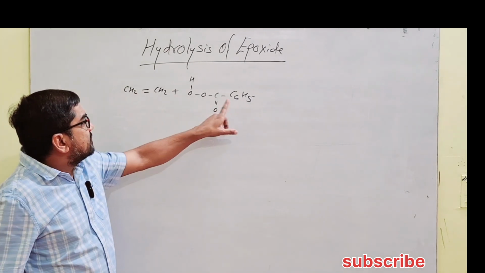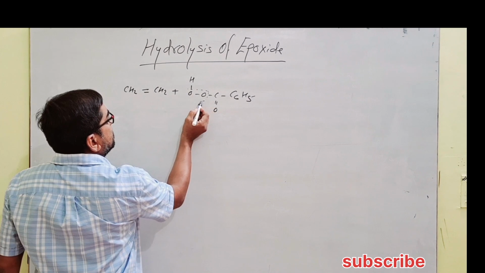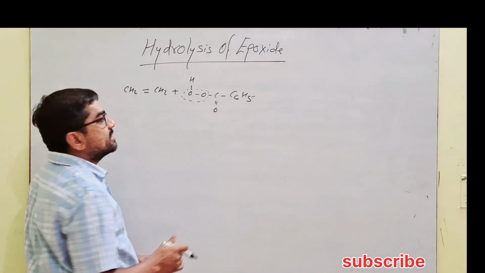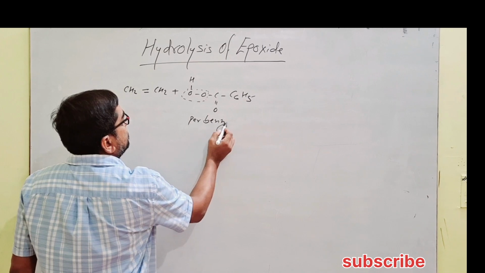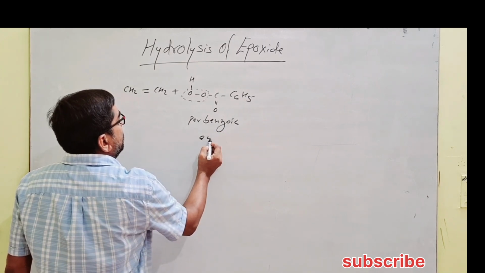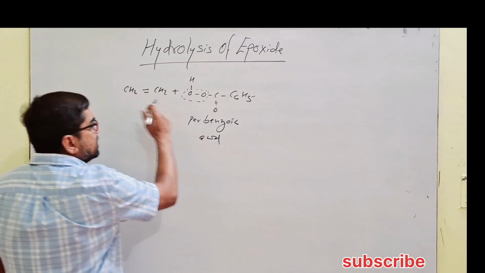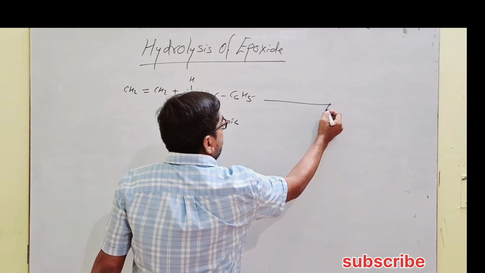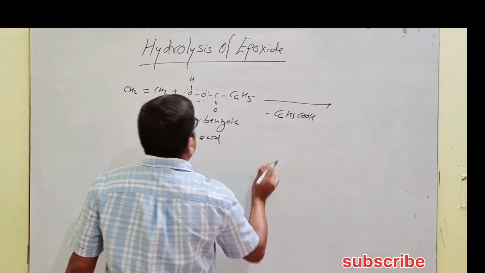This is C6H5COOH. Here one peroxy linkage is present. That's why it's called perbenzoic acid. In perbenzoic acid, this peroxy oxygen gets attached here with elimination of benzoic acid, C6H5COOH.